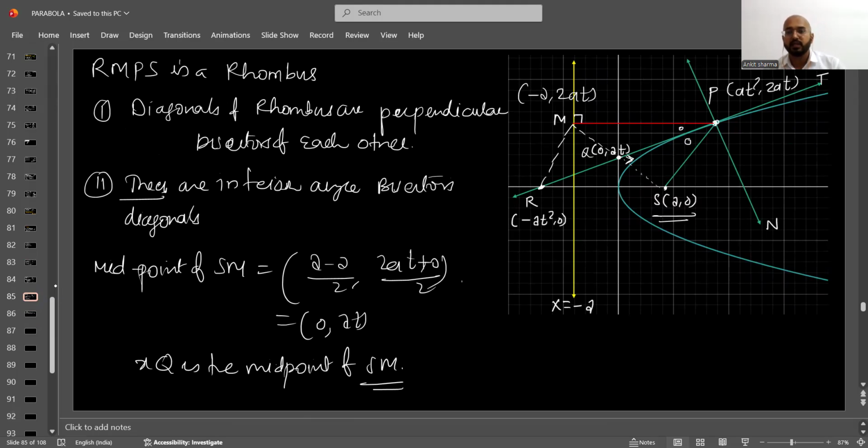And also S, Q, M are collinear. That means they are on a straight line. So now we can write down the reflection property.